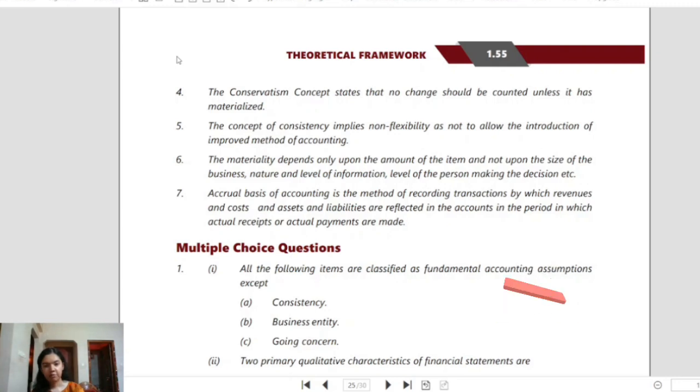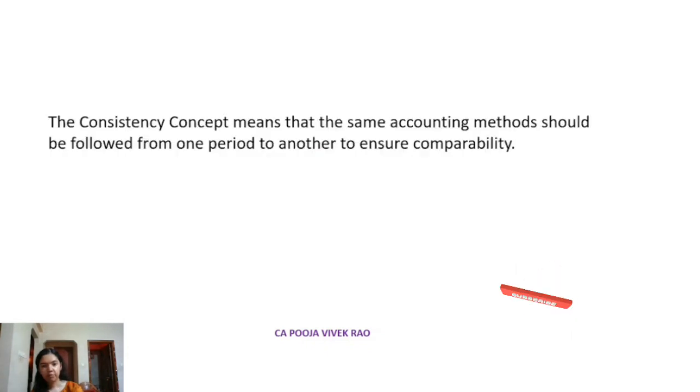Question number 5. The concept of consistency implies non-flexibility, as not to allow the introduction of improved methods of accounting. The consistency concept means that the same accounting methods should be followed from one period to another to ensure comparability. However, it does not mean rigidity.